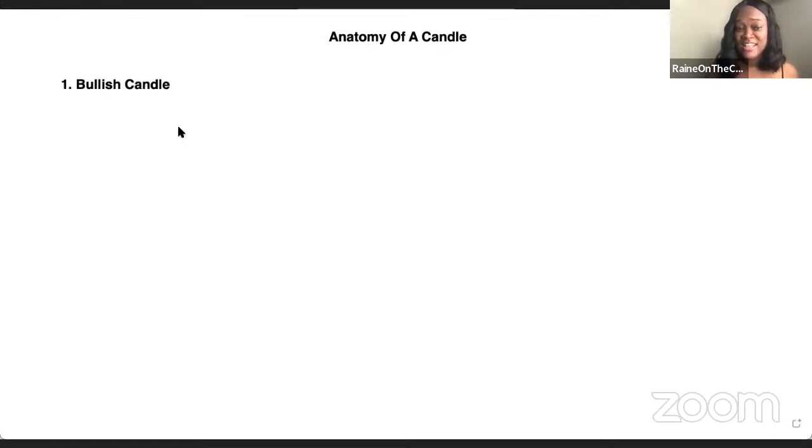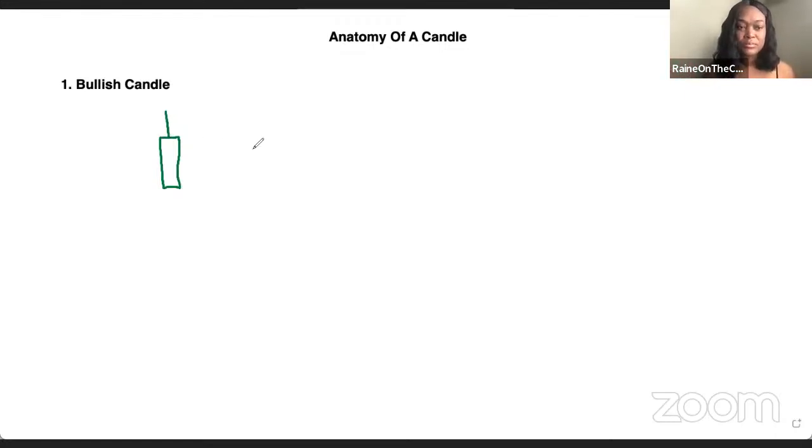So the bullish candle would be green, and it may look like this. This is just one example.